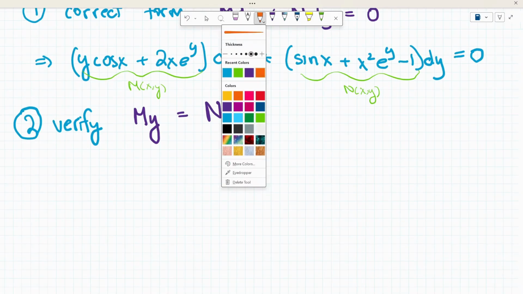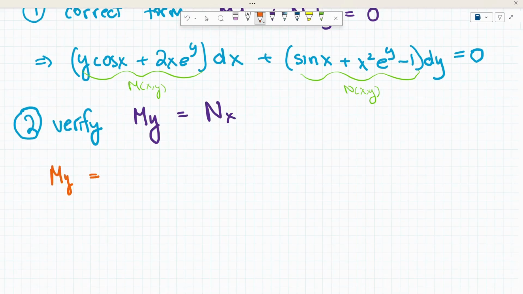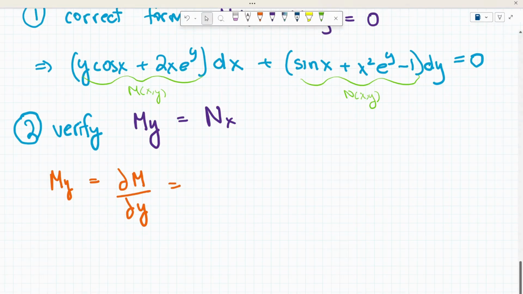Okay, so let's start with M sub y, which is the partial derivative of M with respect to y, just so you see both of the notations. What that means is we're taking the derivative with respect to y, and we're treating all other variables, which is x in this case, as constant.